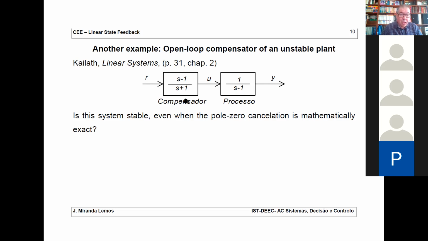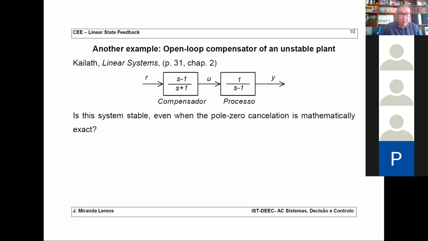I see 2 actually. One for the compensator, and another for the process. So I have 2 poles. Yes. So what is the order of the state model? If you have 2 poles, you have 2 state variables.